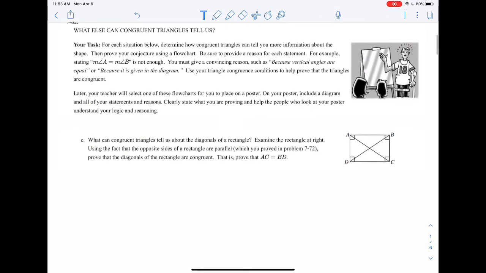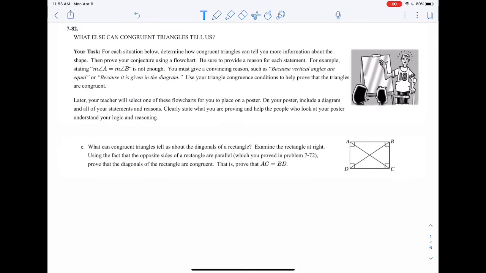Now you're watching this video most likely by yourself, so that's why you only see letter C below. The rest of the problems, hopefully you can complete with other students through checking in with your teacher. So as we begin, if you have not done so yet, read letter C, hit pause, and then play.